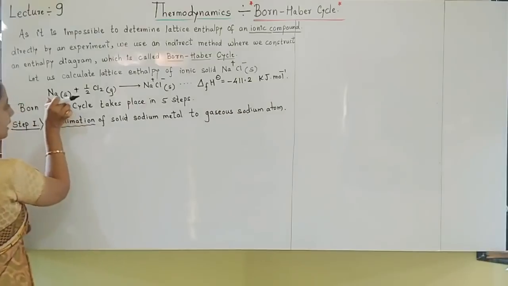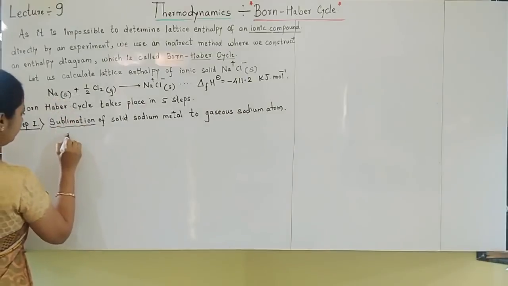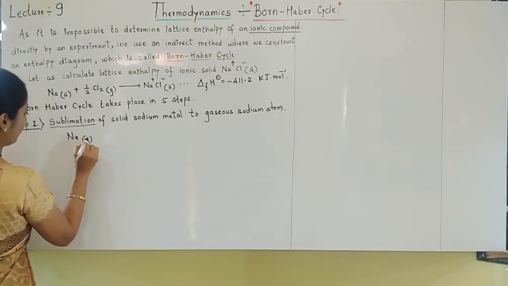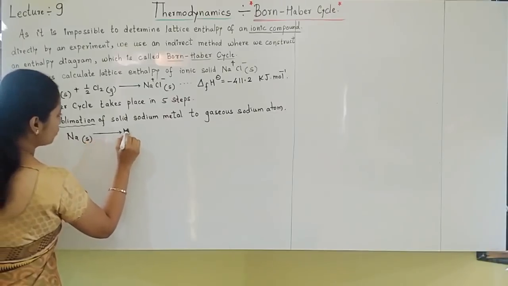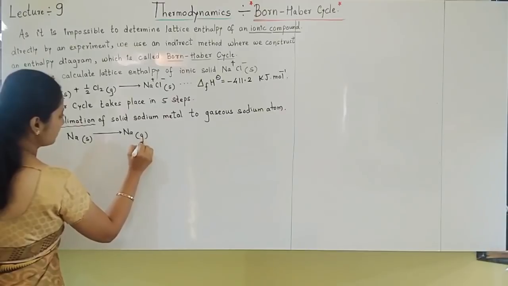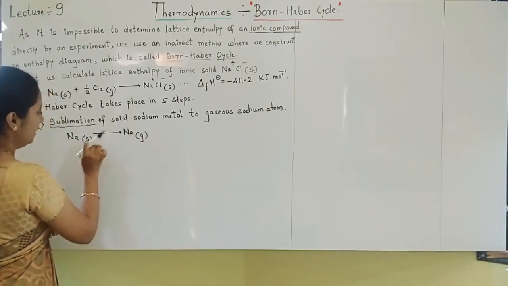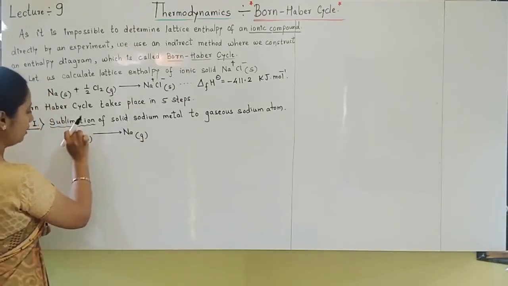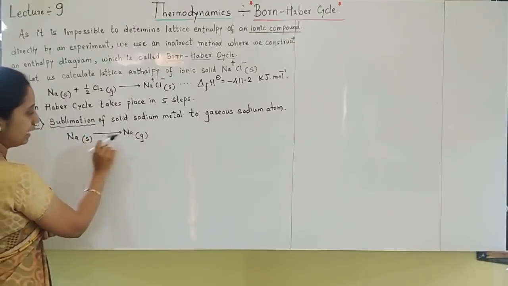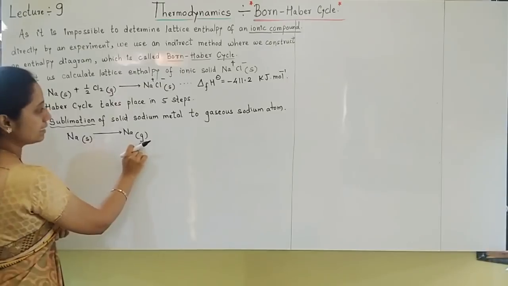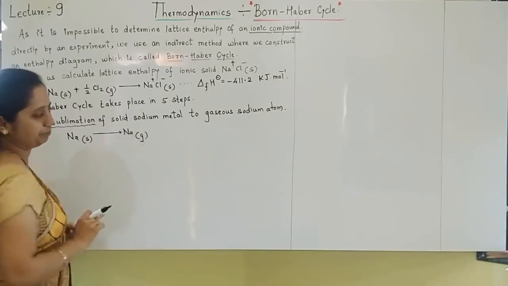I will write the equation. Sodium is solid, see here. It is getting converted into sodium gas. Understood properly? The process is called sublimation: sublimation of solid sodium metal into gaseous sodium atom.